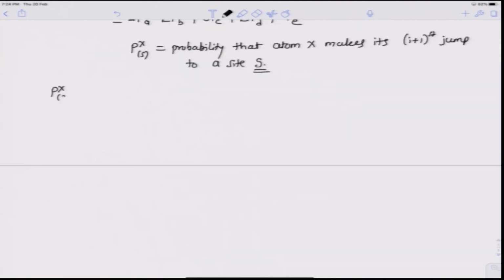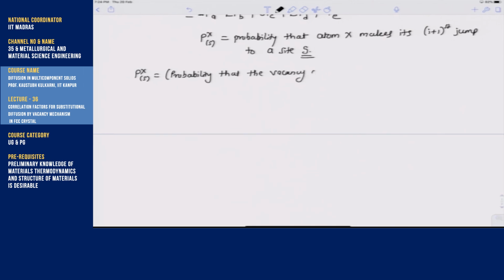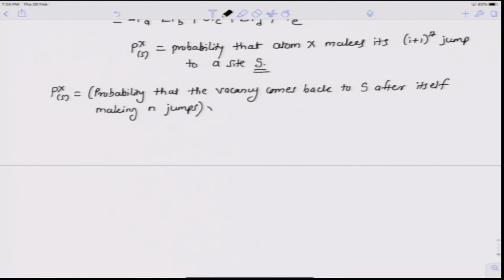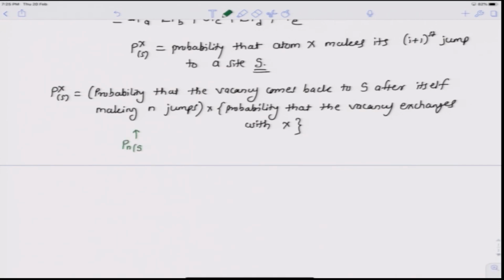So, we can write P_xS as the probability that the vacancy comes back to S after itself making n jumps, times the probability that the vacancy exchanges with X. So, let us denote this first probability as P_n(S) and the second probability by F_1.